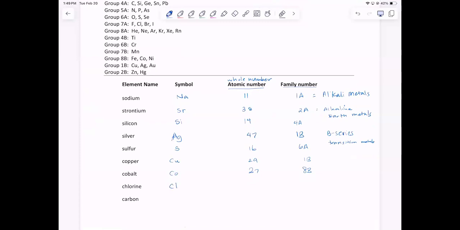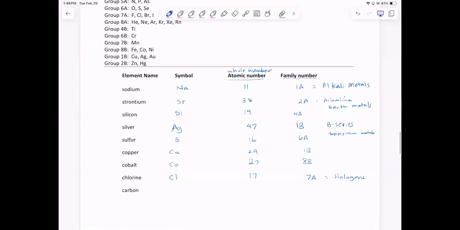Chlorine is not CH, but it's Cl. It's atomic number 17, and it's in family 7A, which are called the halogens. And halogens, this vertical column over to the right, are very reactive nonmetals. Carbon is element symbol C, and it is atomic number 6 and family 4A.